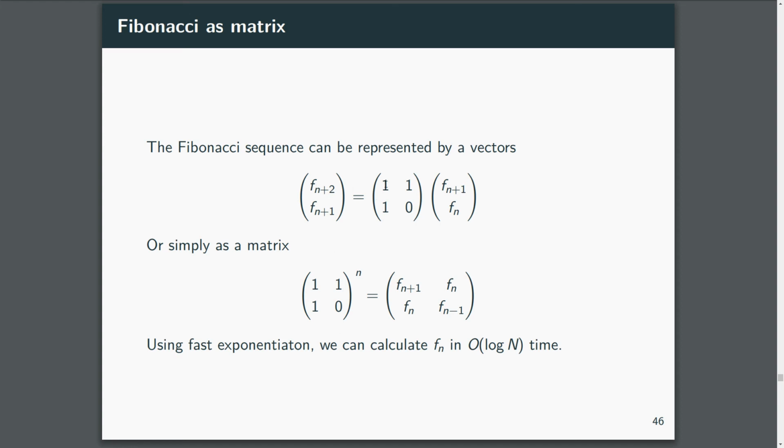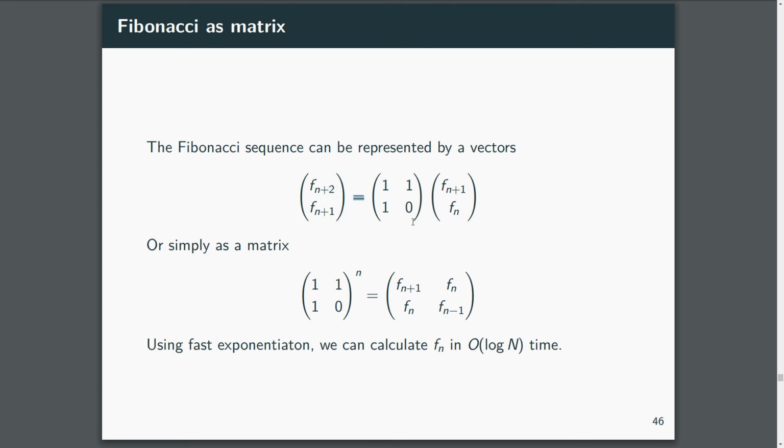So what happens here is we have our values in the recurrence here, the coefficients of the recurrence. So we have 1 times f of n plus 1, and then plus 1 times f of n is equal to f of n plus 2.